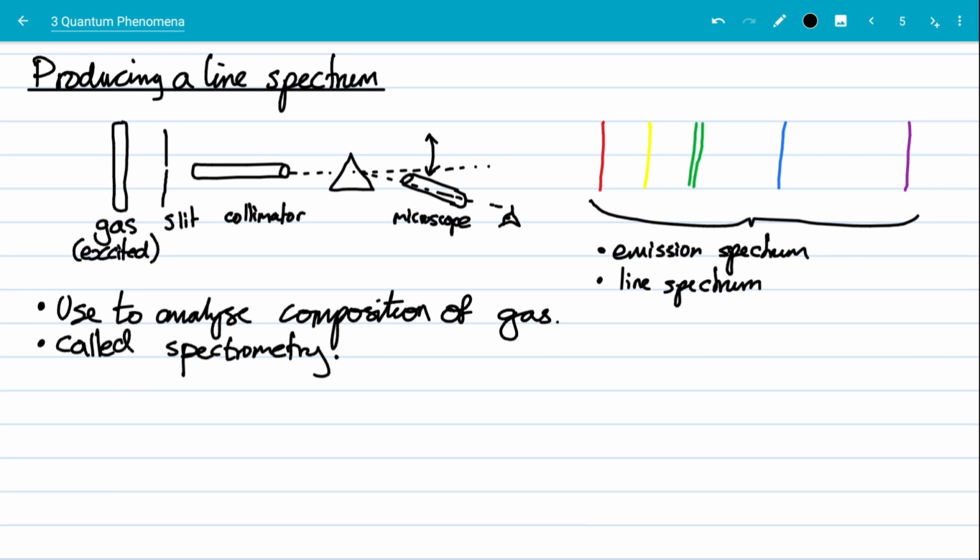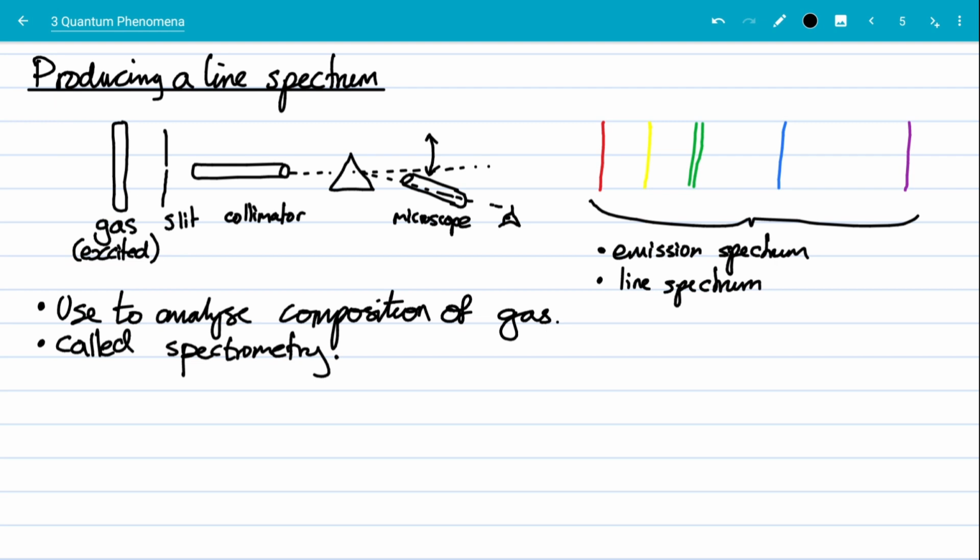Some spectrometry, emission spectrometry. And the instrument that we can use, which has the collimator and the microscope and a platform to place a prism or anything else that causes diffraction, the slit, and it all has a scale that we can use to measure the angle between the collimator and the microscope, that's called a spectrometer, because it's the instrument we use for spectrometry.